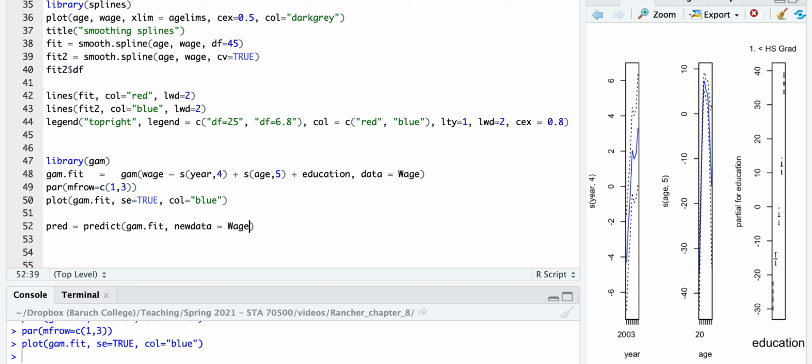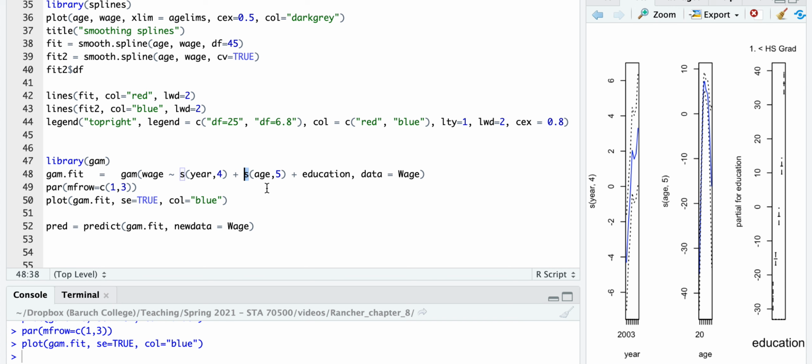Okay, now for fitting a generalized additive model, we have to call the gam library, and what we are saying essentially here is that we want to fit wage to s. s here is a smoothing spline, and we say year is a smoothing spline with degree 4.